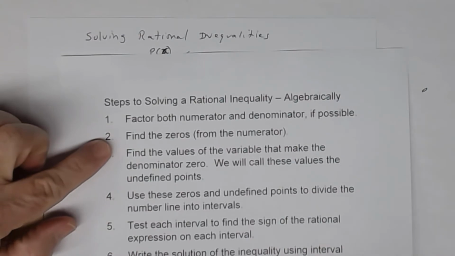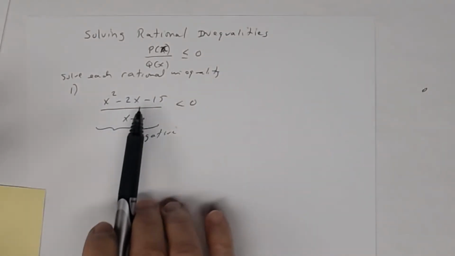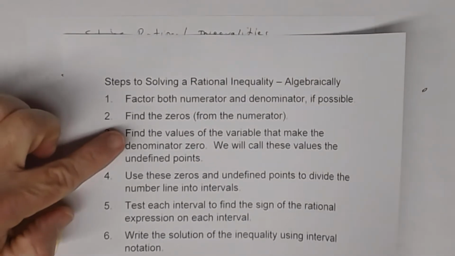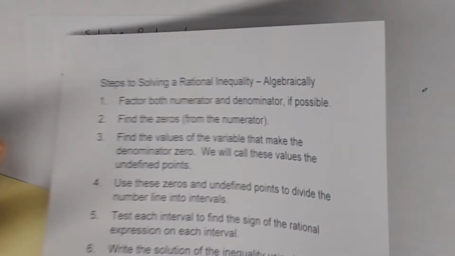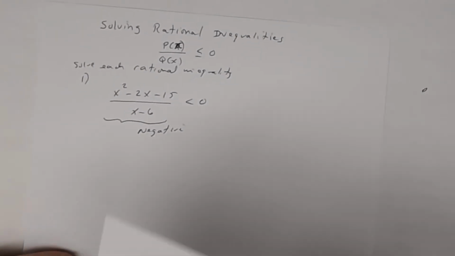All right, now remember, they ask you to find the zeros. And the zeros, the step says, are going to come from the numerator. Make sure you understand why. We discussed that in part 1, but I'm going to say it again in this lesson as well.